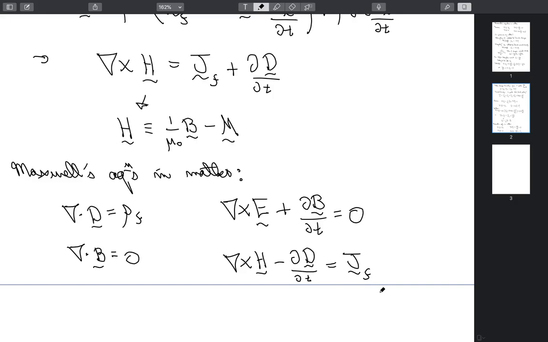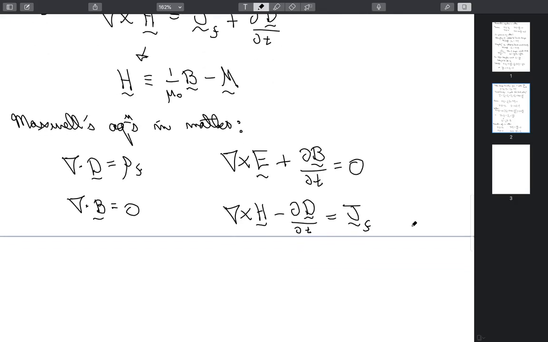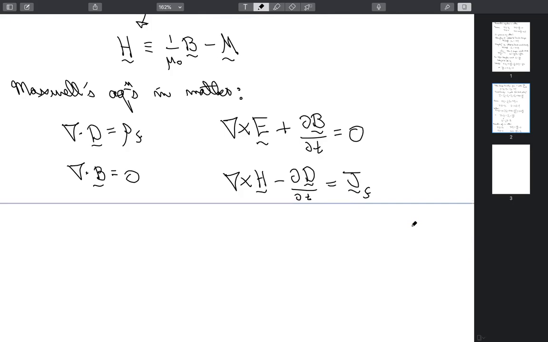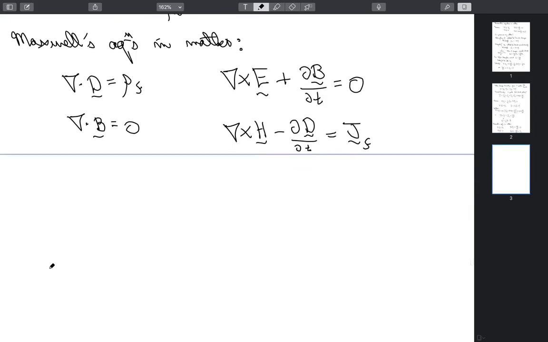These are just handy rewritings for the case where we've got matter with polarizability and maybe also a magnetization vector included in them. So in many circumstances, we are going to talk about linear media.